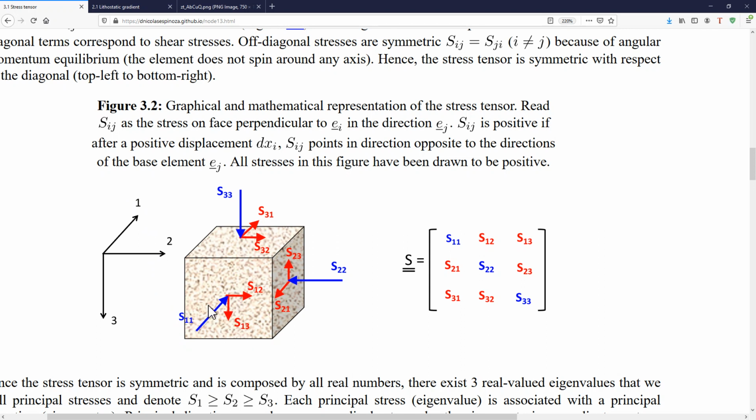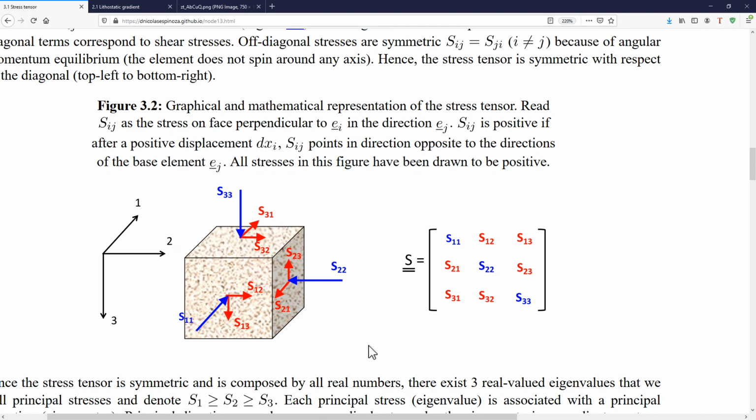So in negative faces, stresses, in order to be positive, have to be aligned, or have to go in the same direction as the element of the face. And know that this is the case for S11, for S12, and for S13. And in the negative face, they are in the opposite direction: S23 opposite, S21 opposite, and S22 the opposite too.